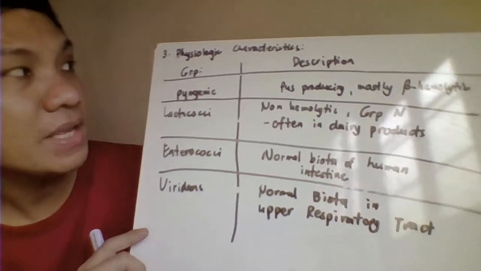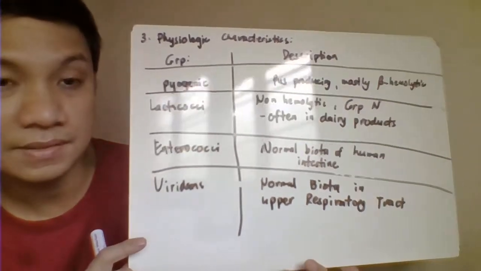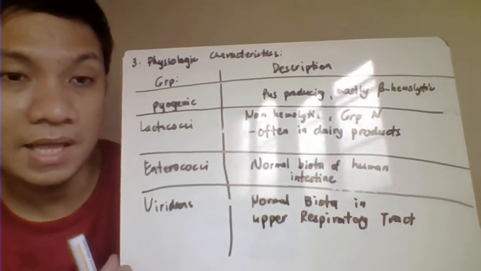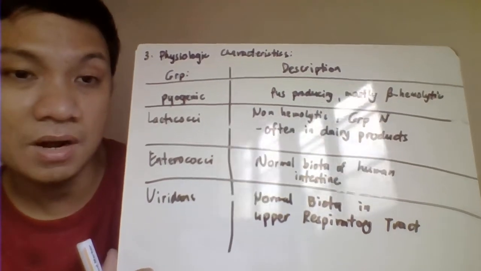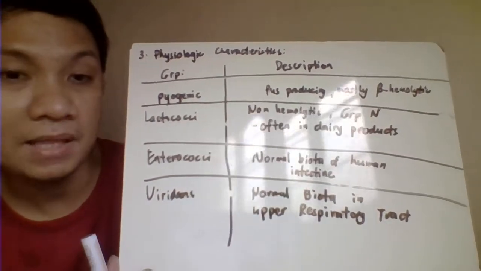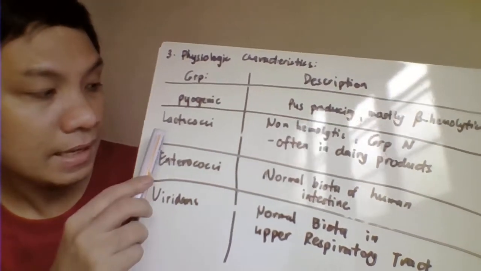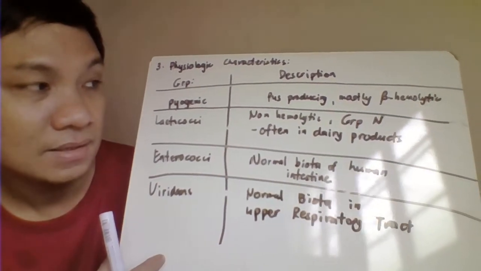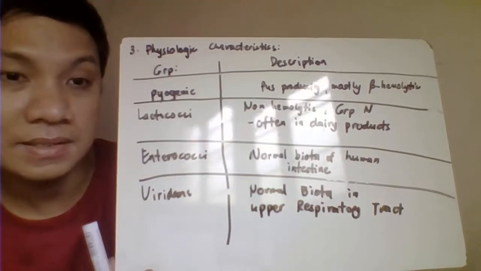Okay, then we also have the physiologic characteristics. The first one, the pyogenic strep. When pyogenic, they cause skin infections which are pus-producing. Most likely, they are beta hemolytic. Lactococci, on the other hand, group N, that one is non-hemolytic.